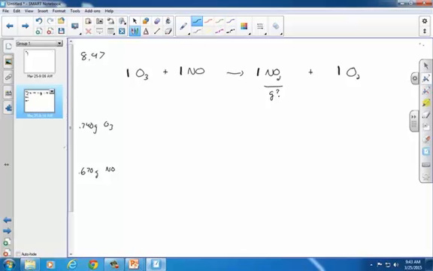And so what this question is asking ultimately is, if I have this certain number of grams of O3 and NO, how many grams of NO2 will be produced? It's a conversion. They want me to express these quantities of reactants in terms of the quantity of product that I can get from that. So anytime you have information about one substance, in this case O3 or NO, and you want to convert that into information about a different substance, in this case they're interested in figuring out how much NO2 we can make, you've got to convert to moles.